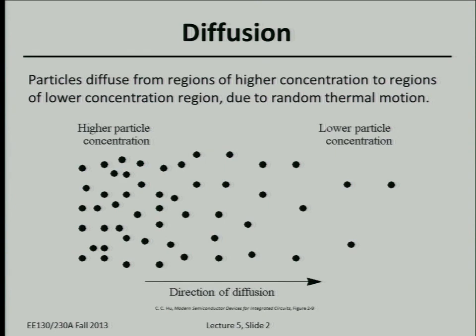In our previous lectures, we talked about drift, and we assumed our semiconductor is uniformly doped, so we have a uniform carrier concentration from position 1 to position 2. Then we just applied an electric field and saw the motion of the carriers.